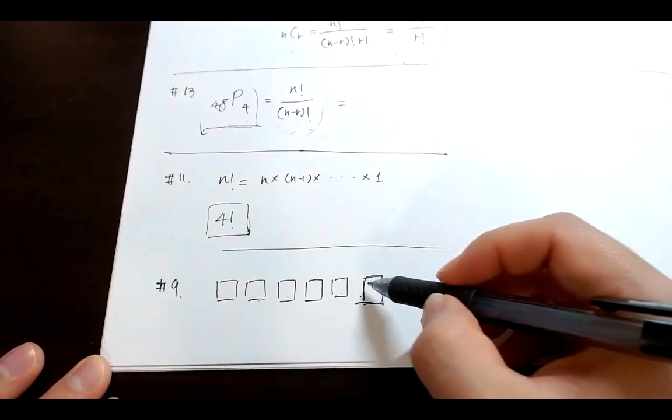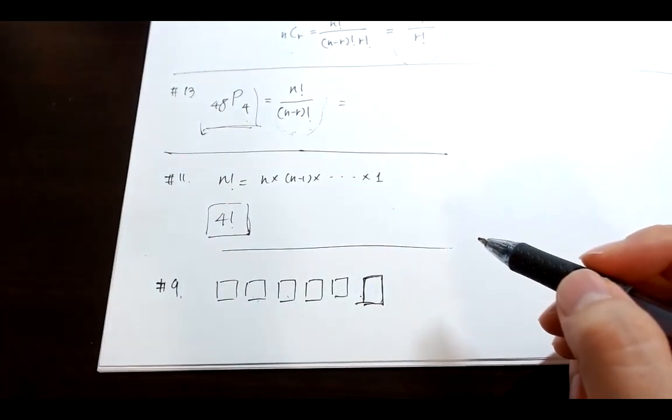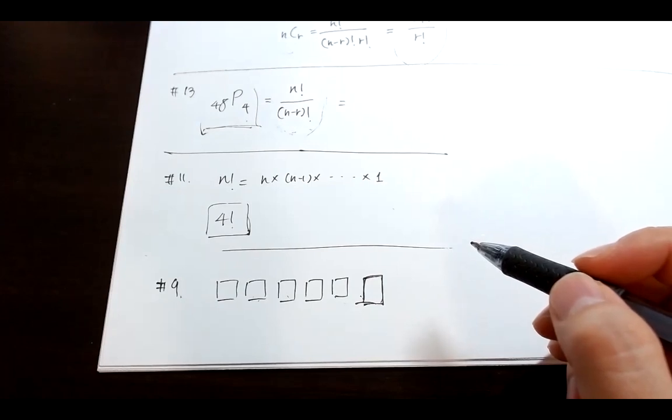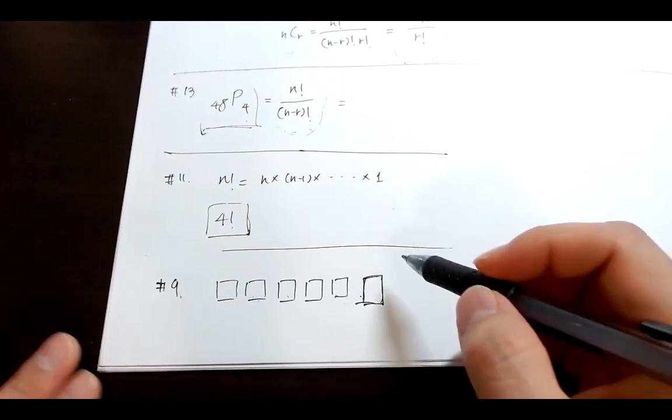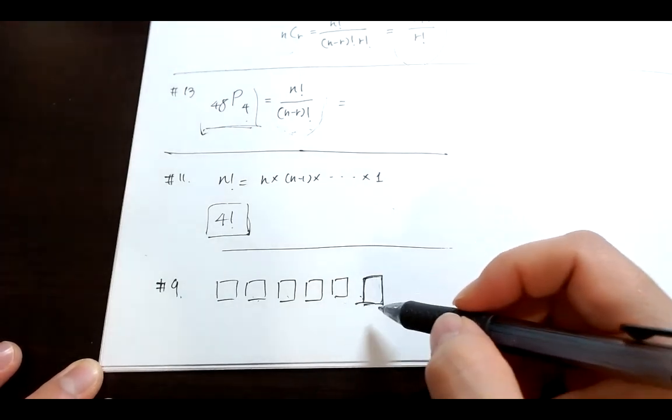For each box there are 4 possible numbers because there are 4 keys, so each box could be 0, 1, 2, or 3.